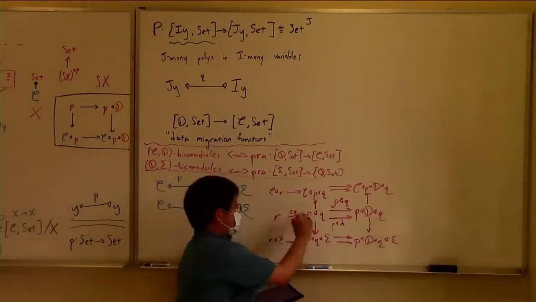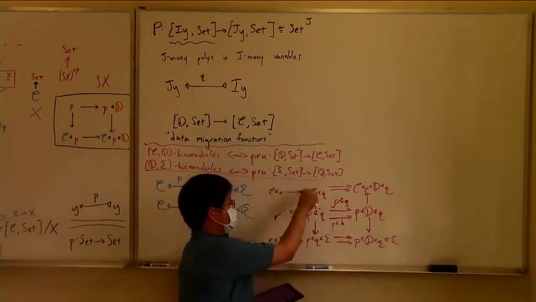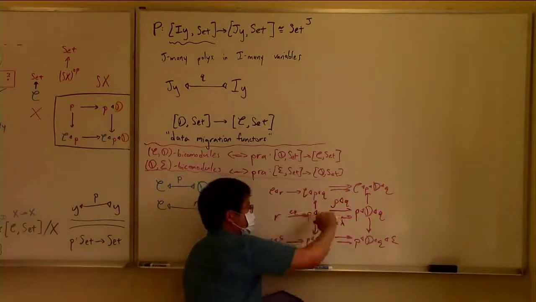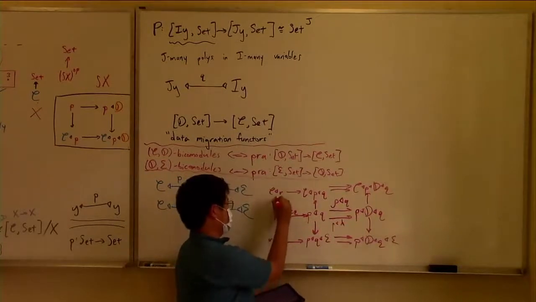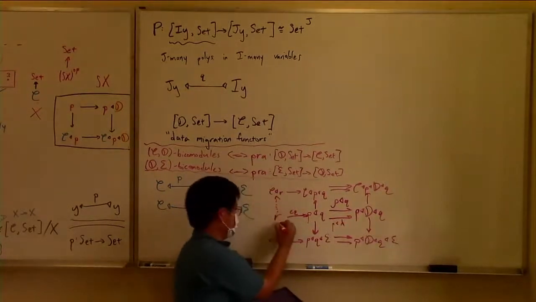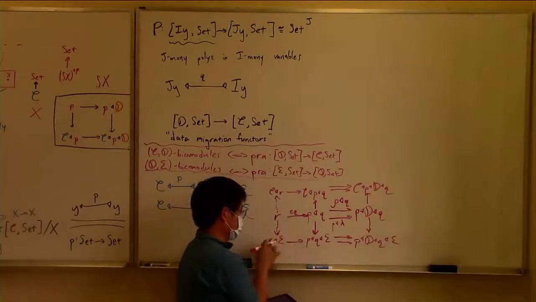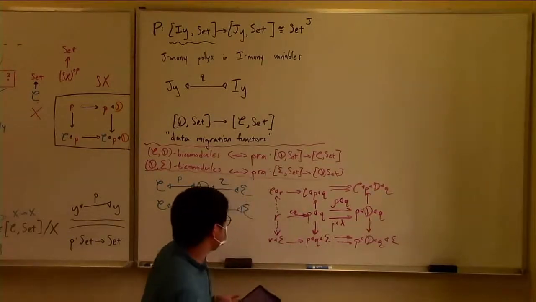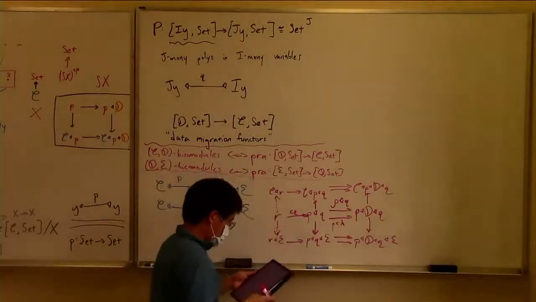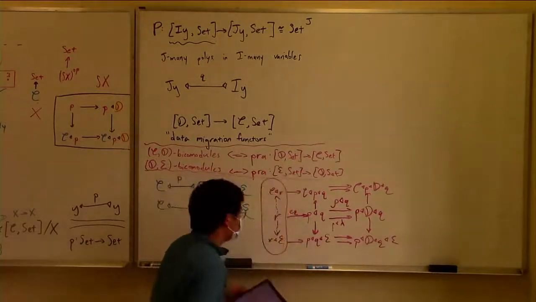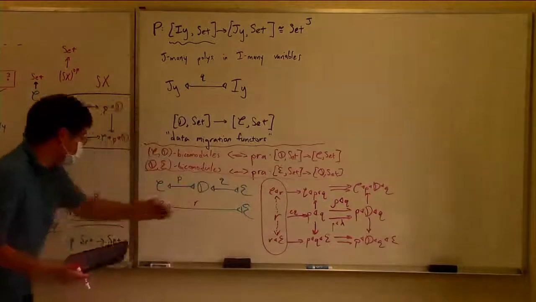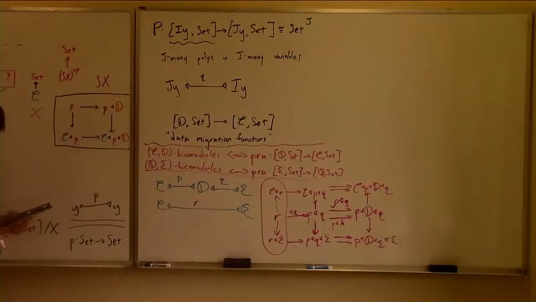And it turns out that this map here is going to let these two be the same map, and so there's going to be a map from R into this equalizer here. And similarly, there's going to be a map from R into this equalizer here. And these two maps are going to give us our bicomodule on R. And that's how we compose bicomodules.